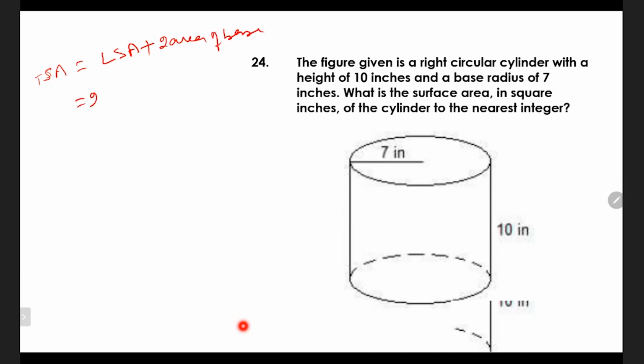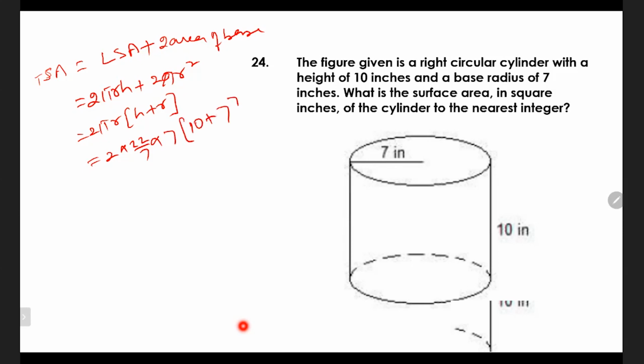LSA is perimeter of base into height. 2 times area of base is pi r square. You take 2 pi r common, you'll get h plus r. 2 into 22 by 7 into r. r is 7 into h is 10 plus 7.